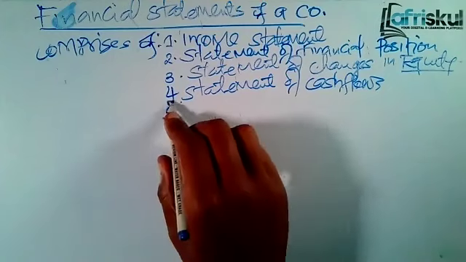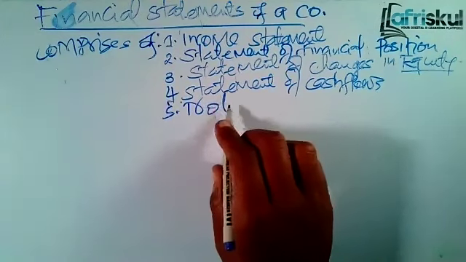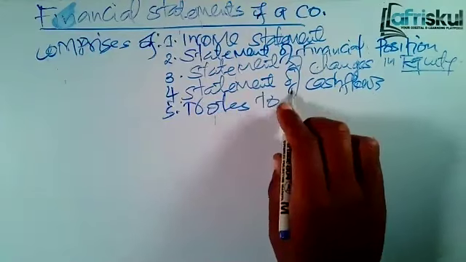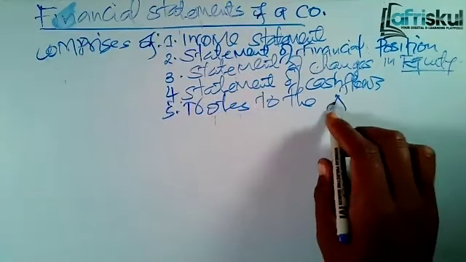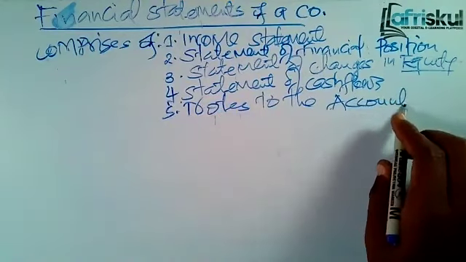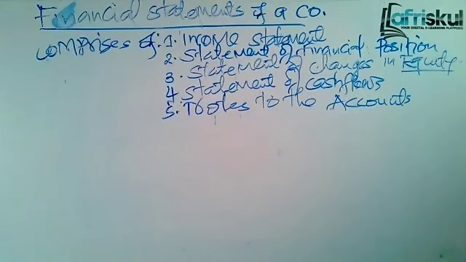And then the last one is the notes to the accounts. That is basically what comprises a complete set of financial statements. Notes to the accounts are those notes that you prepare based on additional information.